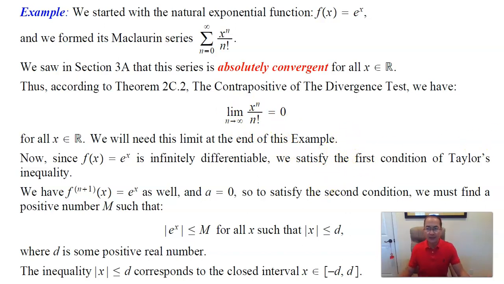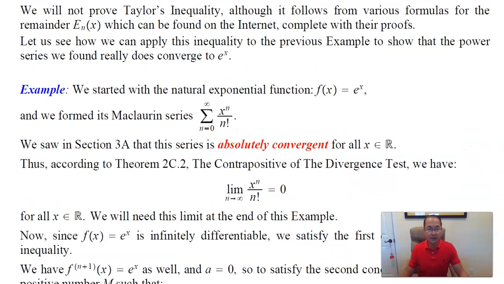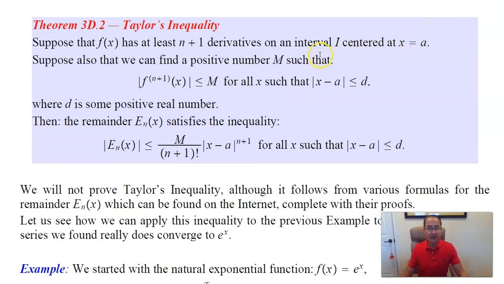Okay, so Taylor's inequality says that first of all, your function has to be differentiable n plus 1 times, but e to the x can be differentiated as many times as we want. Okay, so the first sentence is passed. Now we need to find this capital M, but the derivatives are all e to the x.